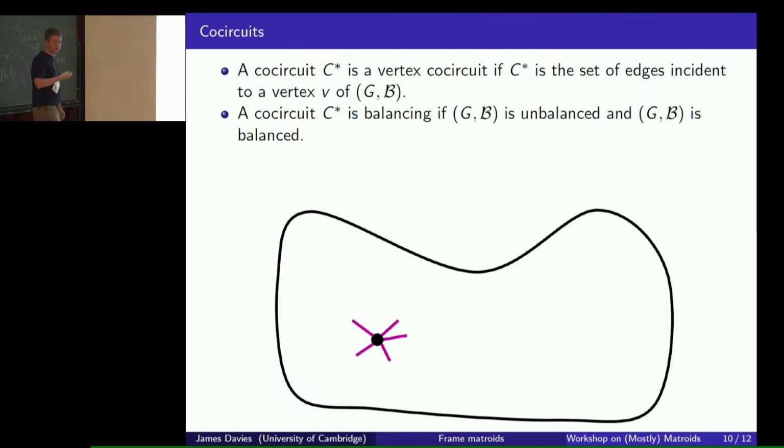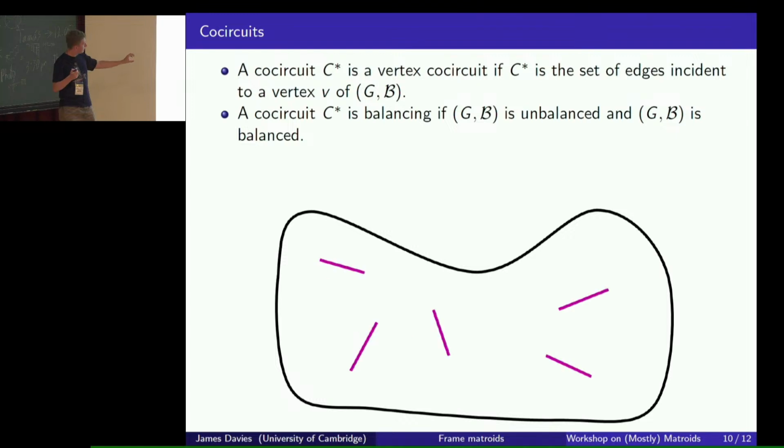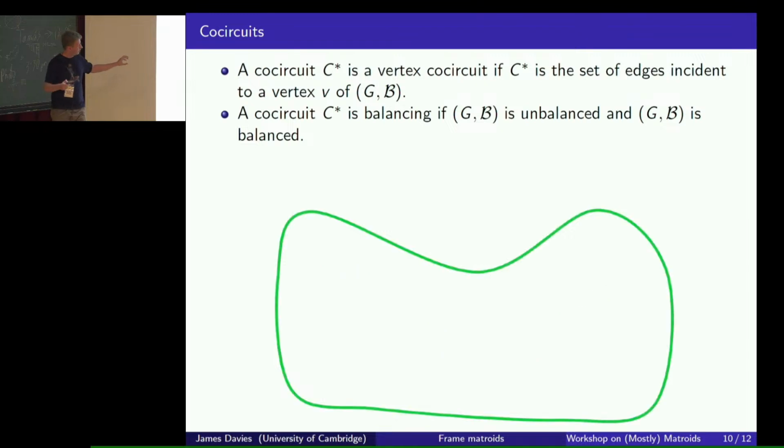So the second kind of co-circuit we can examine is balancing co-circuits. So these are the co-circuits where our edges could be scattered throughout the bias graph, say, but when we remove it, we turn our unbalanced bias graph into a balanced graph. This bumps the rank down by 1 again.